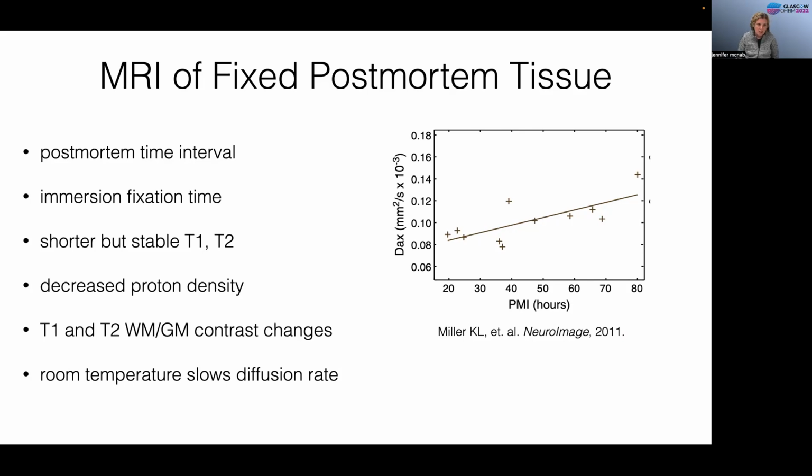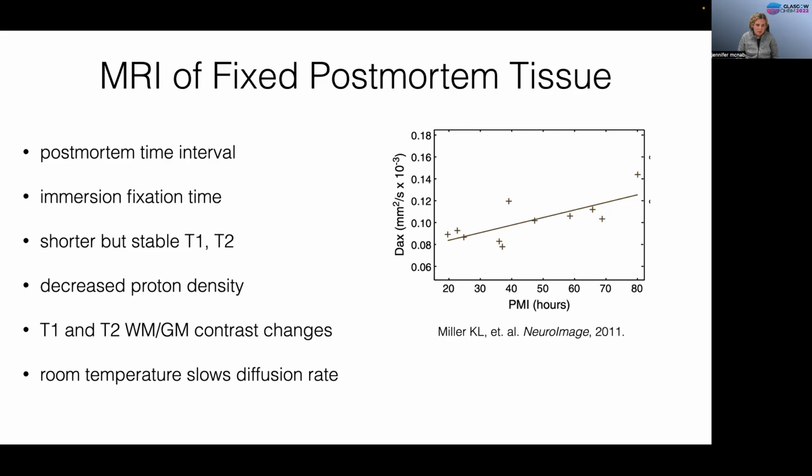Fixation is achieved with immersion fixation for human samples, as opposed to perfusion fixation with animal samples, and that means it'll take at least 6 to 8 weeks to usually fix all the way through a whole brain, or that can happen over a much shorter time frame if you're just using a much smaller section of tissue.